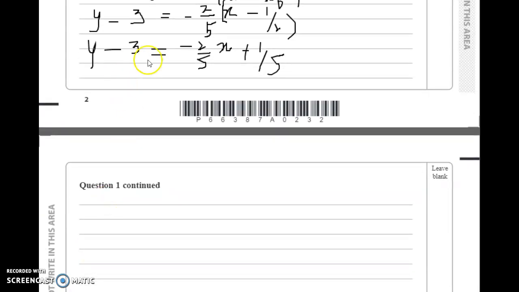We have to clear these fractions so that we can bring it as a whole. So I'll multiply everything by 10. This leads us to 10y minus 30 equals minus 2 upon 5 into 10, which is minus 4x, plus 2.